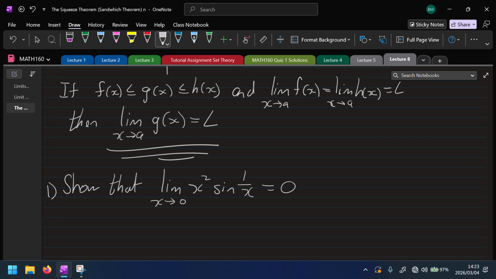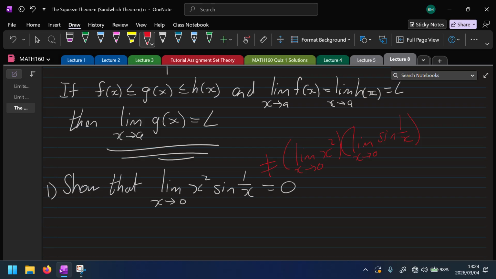Because if x goes to 0, 1 over x goes to infinity, that limit does not exist. So we cannot split this into two parts. So this is not equal to the limit x goes to 0 of x squared times the limit x goes to 0 of sine 1 over x, right? Because to split it up, we need both of those.